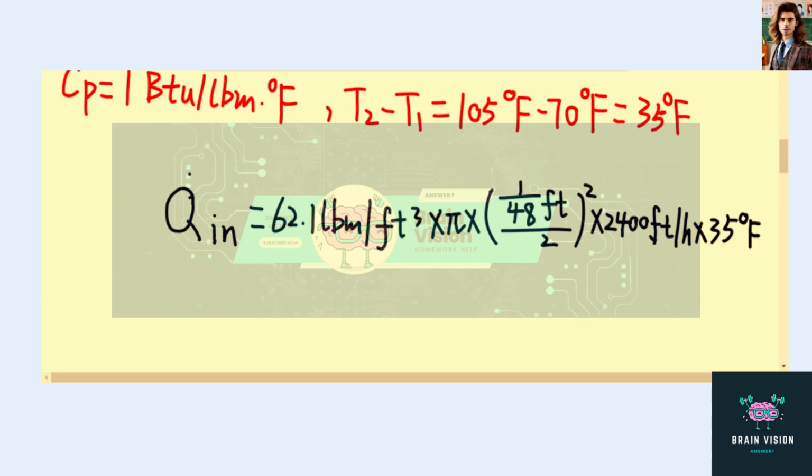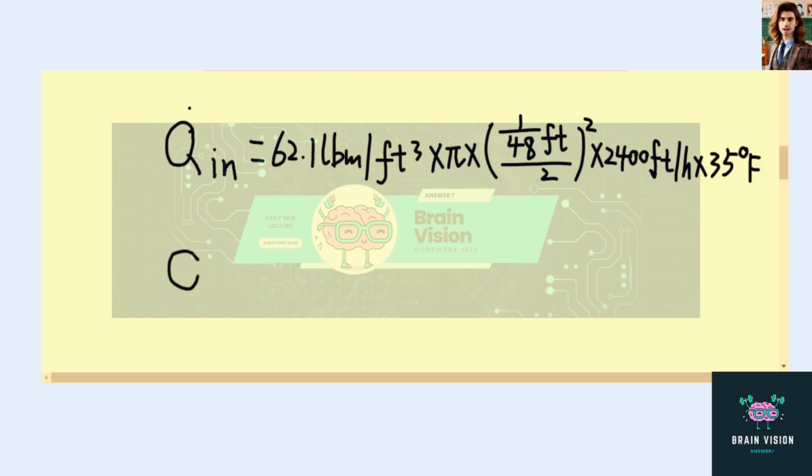And this will give us the rate of heat transfer to the water of about 1778 British thermal units per hour.